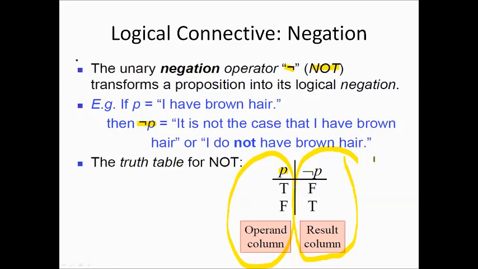Assuming that the truth values for P are true and false, not P means we are going to get the opposite value. The first truth value is true. What is not true? False. Next we have false. What is the opposite of false? True. That's how we get these results.